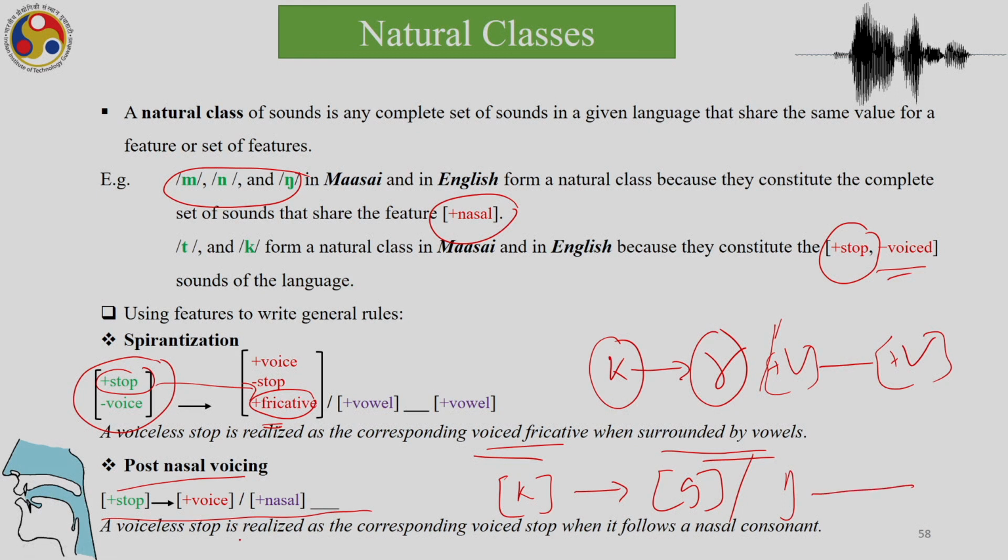This expression shows that there is a change in voice, just like the earlier one showed a change from stop to fricative. And instead of writing the phonemes, if we add the description, then it captures generalizations.